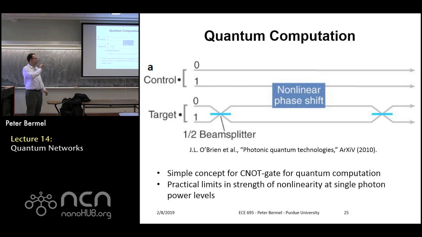So if you just put a single photon through that nonlinearity, even for a fairly long length, it has very low probability to interact. So the phase shift is basically 0, and that doesn't really do anything. So then you need to enhance the nonlinear interaction somehow, but at the same time not absorb the photon. And that's really where it gets hard.